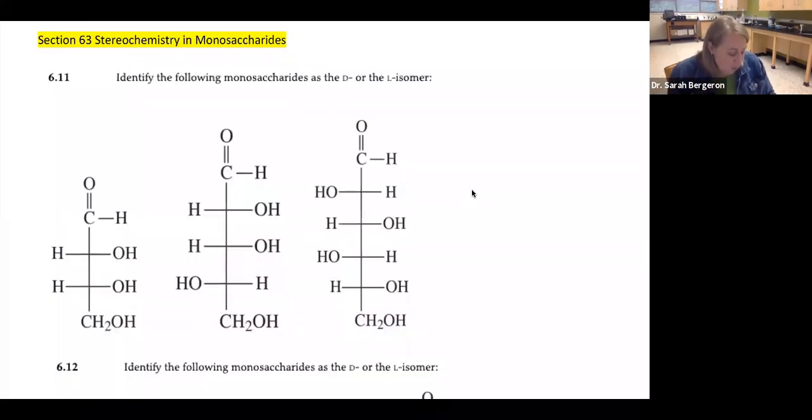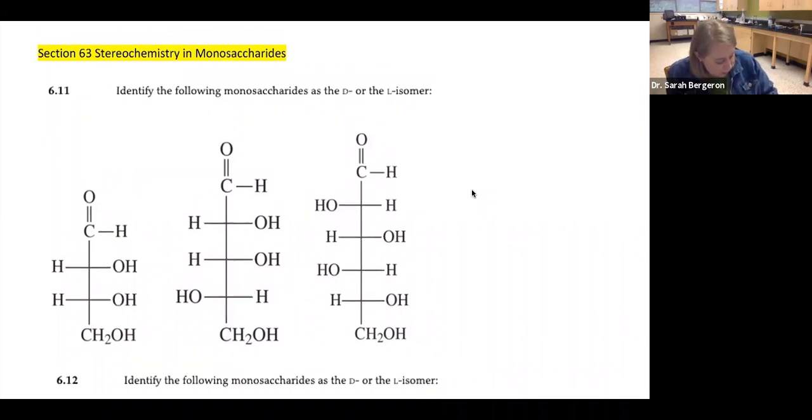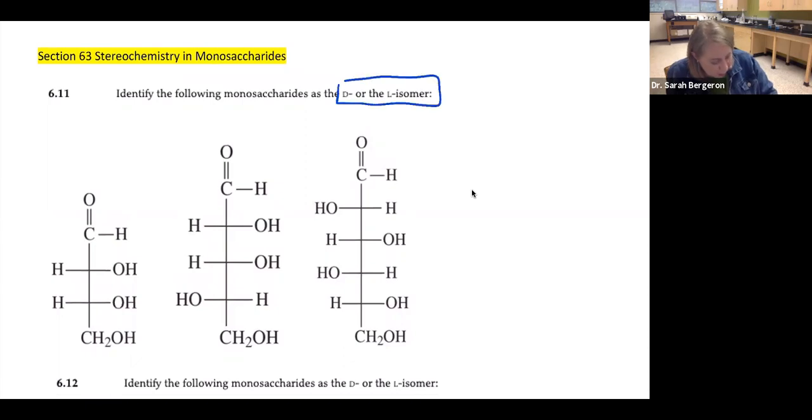So first, we're identifying monosaccharides as either the D or the L isomer. Remember, if we want to know D or L, kind of write your instructions. What are you supposed to be looking for before you go and look at all these crazy molecules, right? So you want to look for the hydroxyl on the farthest chiral carbon from the carbonyl group.